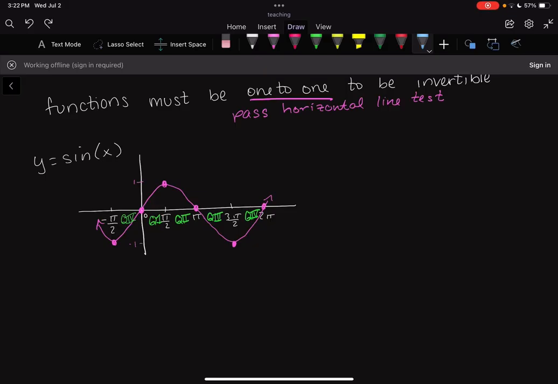Then can we force it to be one-to-one in that interval? We're going to section off a portion so that we get all the positive and negative values of sine, and we don't have any repeats, any places where it fails the horizontal line test.